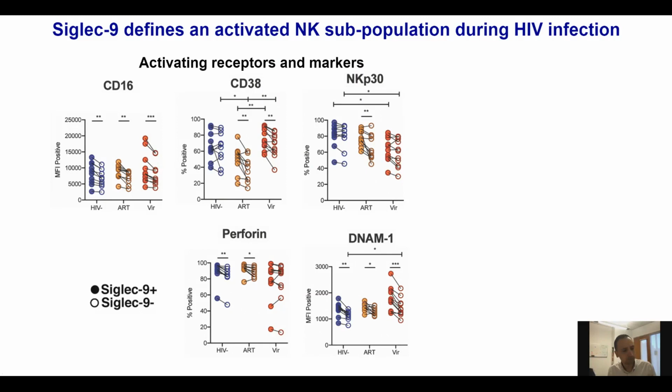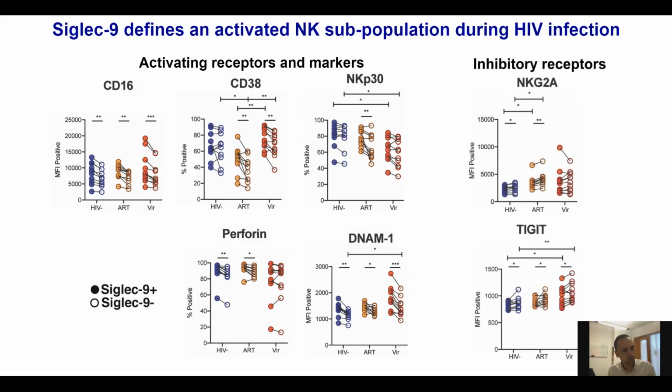On the other hand, the expression of several important NK inhibitory receptors, like NKG2A and TIGIT, is lower on Siglecs positive cells compared to Siglecs negative cells, regardless of HIV disease status. So far, we know in vivo that these cells have an activated phenotype, and they do exhibit a negative correlation with HIV, all suggesting that these cells are actually more activated and more cytotoxic against HIV-infected cells.